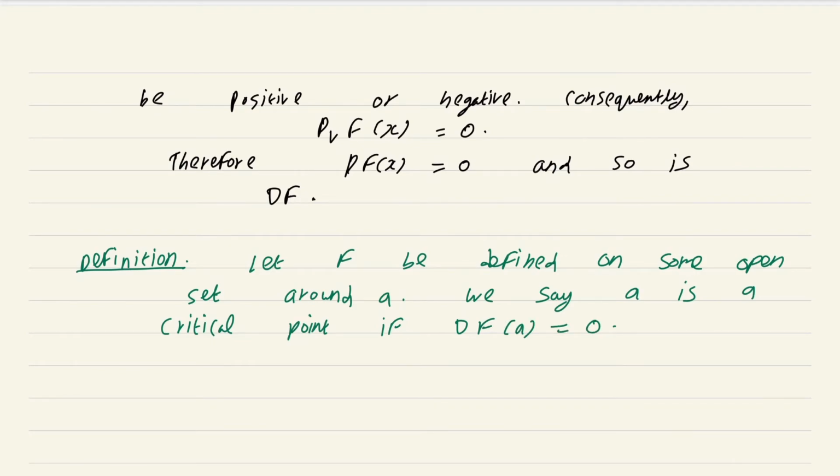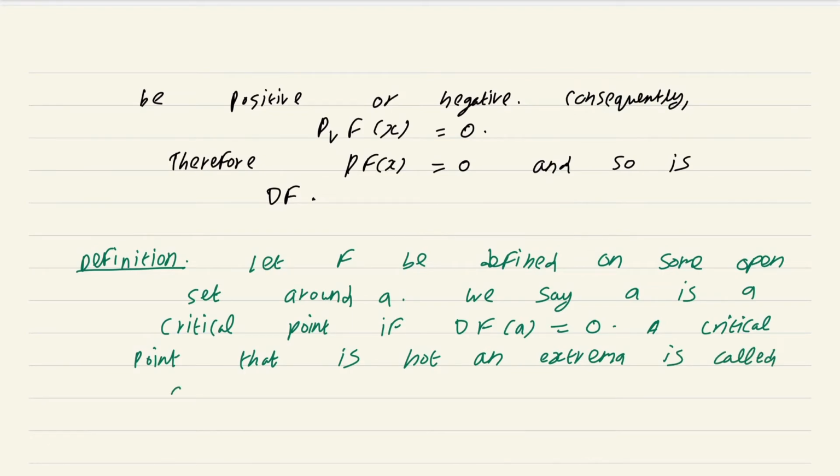A critical point that is not an extrema, that is neither a local maximum nor a local minimum, is called a saddle point. So saddle points are points at which the derivatives vanish, but nevertheless it is neither a point of maximum nor a point of minimum, local at least.